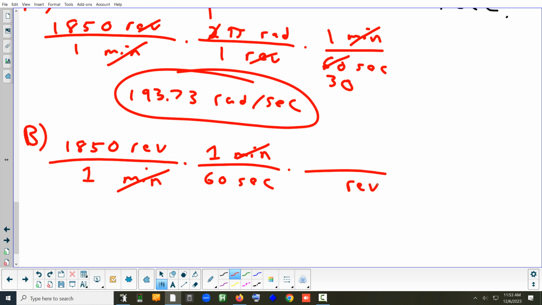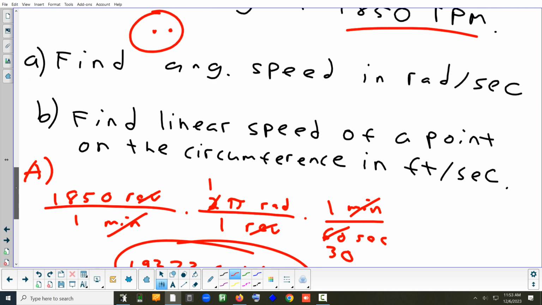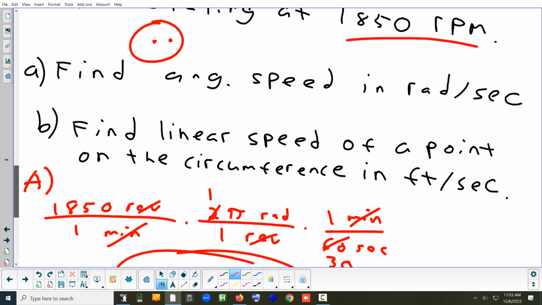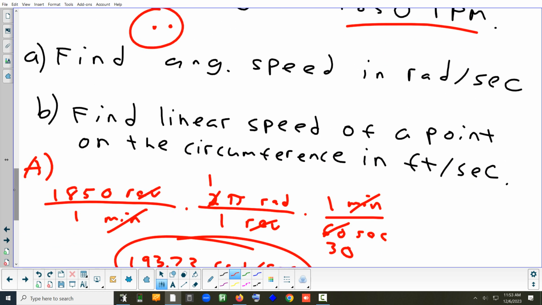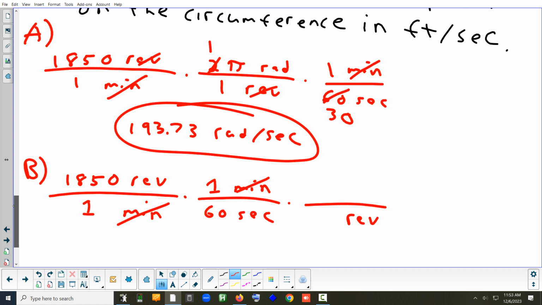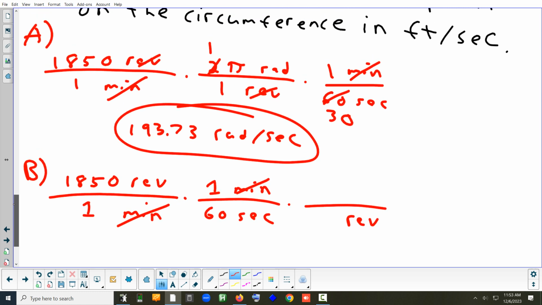And I'm thinking that 1 revolution would be 2 pi radians because, looking at the circles, 360 degrees is 2 pi. So if they wanted you to convert up in part A, like radians per second, that's what we did in part A. So we're not converting to radians in this part.